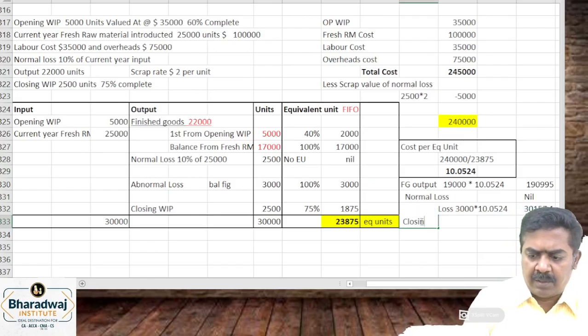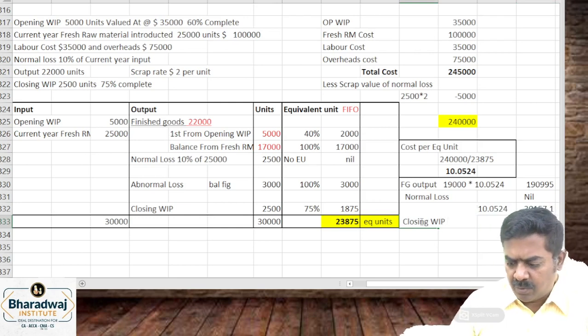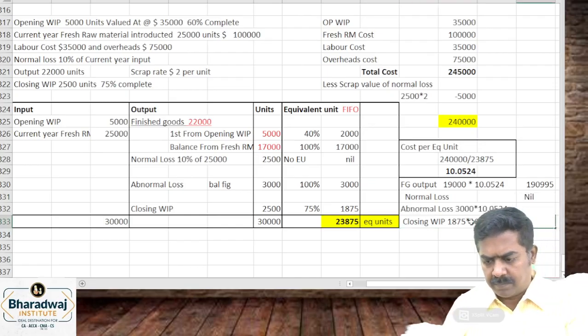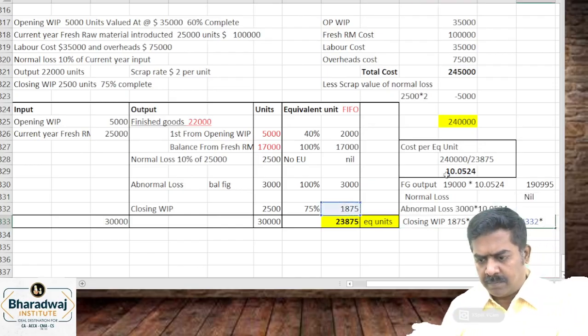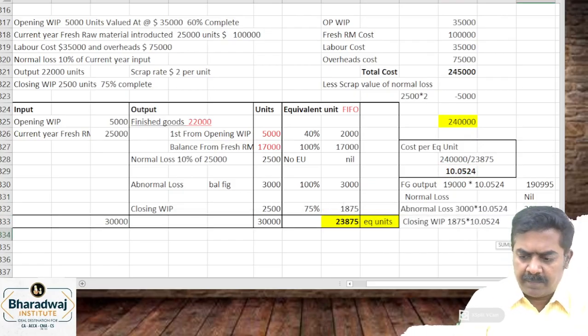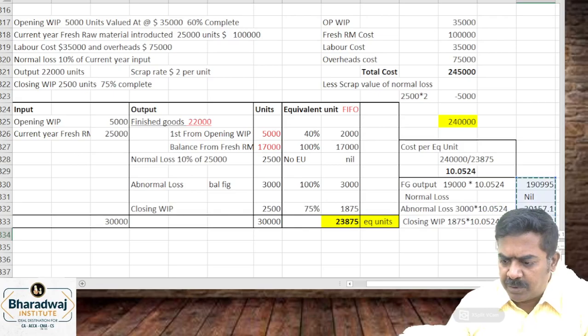For closing WIP, how much? 1875 equivalent units into 10.0524. This is how the cost is assigned. If you add up, it should come to 2,40,000.